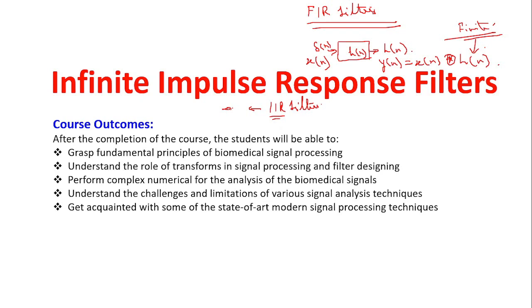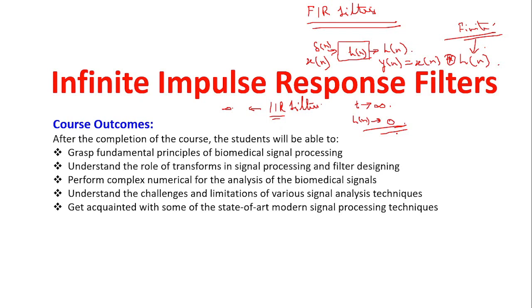Okay, but what is the condition over here? We may have an infinite number of impulse response values, but as n tends to infinity we should have the h[n] values tending to 0.